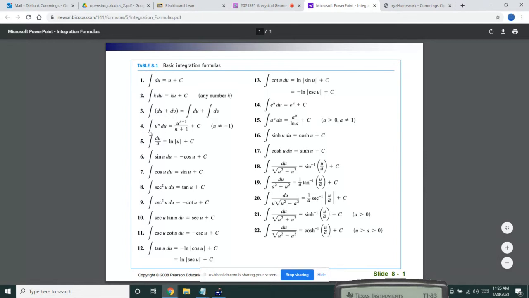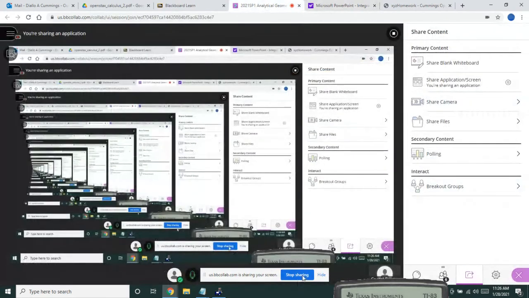I'm also going to use formula number 4, which is the power rule, the integral of u to the n du is equal to u to the n plus 1 divided by n plus 1 plus c. So I'm using this constant formula and the power formula.